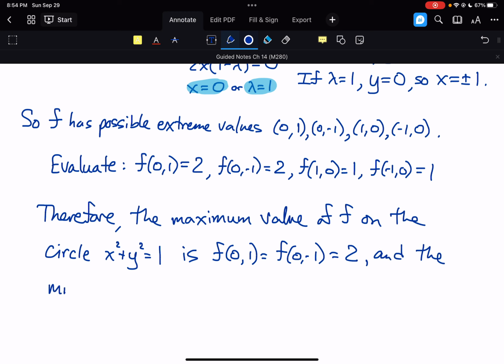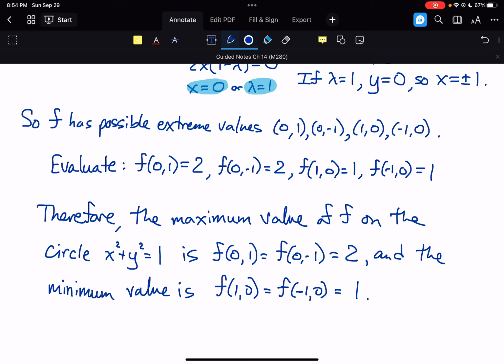And the minimum value is f of 1, 0 and f of -1, 0, which equal 1. So we end up getting 2 shared maximum values and 2 shared minimum values.